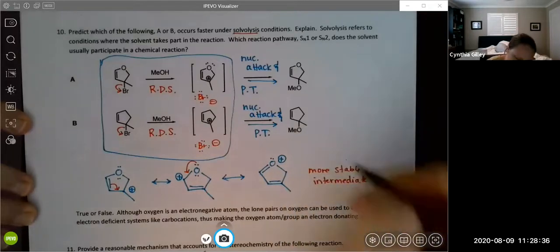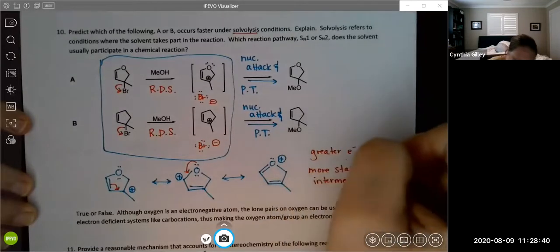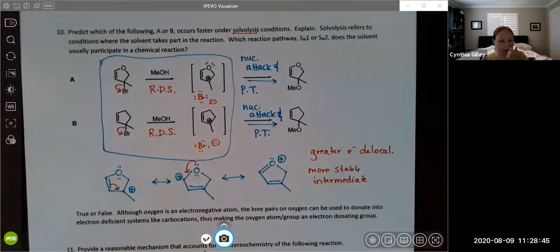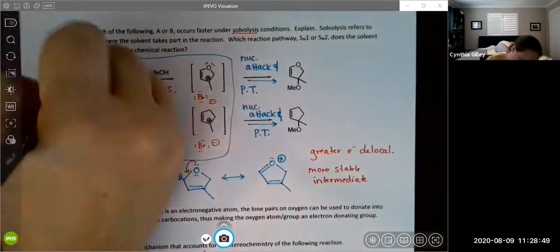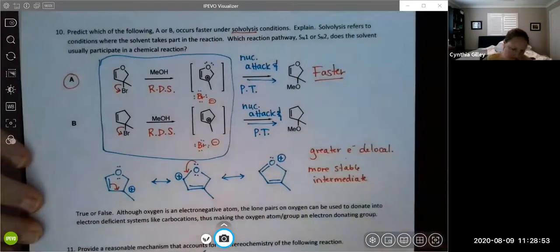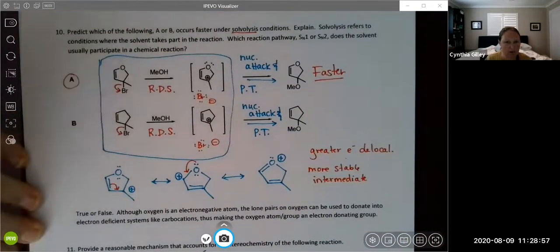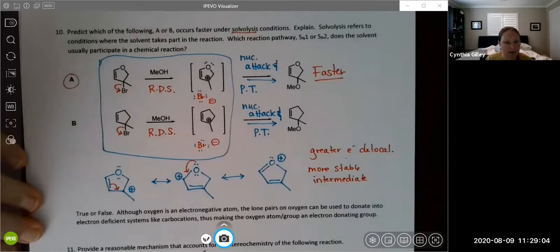It has greater electron delocalization. So pathway A is faster because the energy of the intermediate is lower, it's more stable. That means the activation energy to get to this more stable intermediate will be lower.